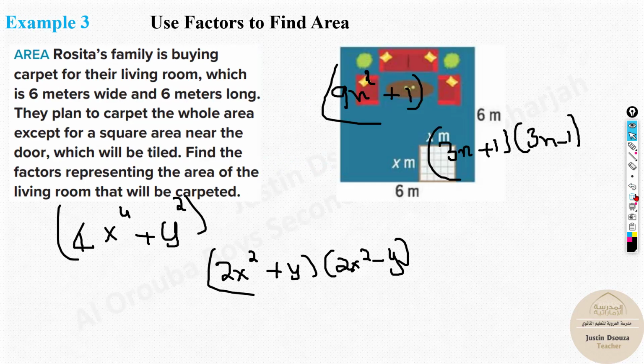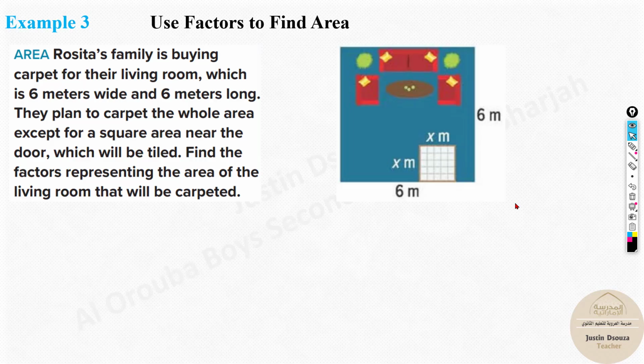We have a real world problem here. Rosita's family is buying carpet for their living room, which is 6 meters wide and 6 meters long. They plan to carpet the whole area except for a square area near the door, which will be tiled over here. So this area is not carpeted. All the other area is carpeted.